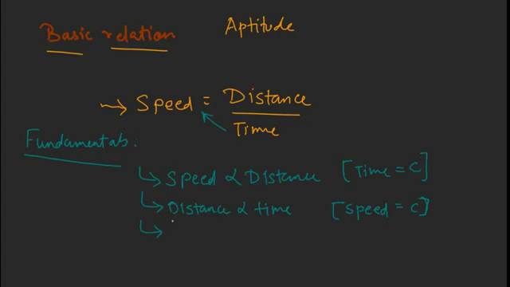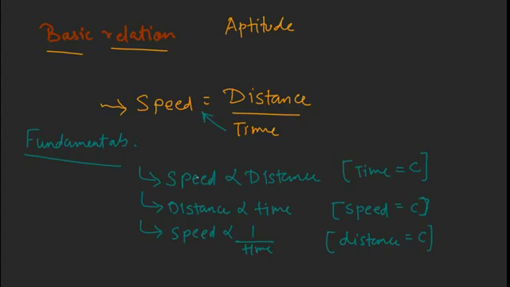And the third one is speed is inversely proportional to time, provided distance remains constant. Now these are the three main tools that we get from this relation, and these tools are really going to help us a lot in solving questions and deriving further results that we will see in this series of videos.